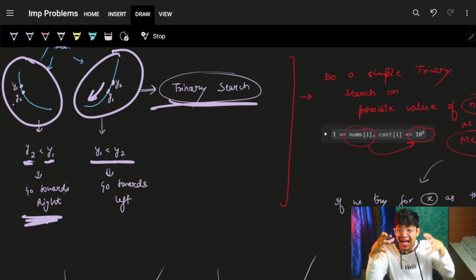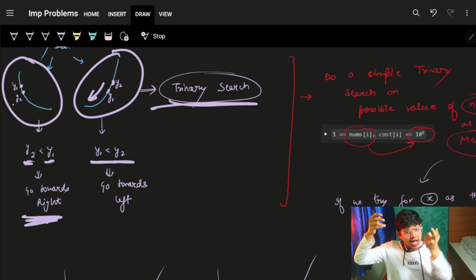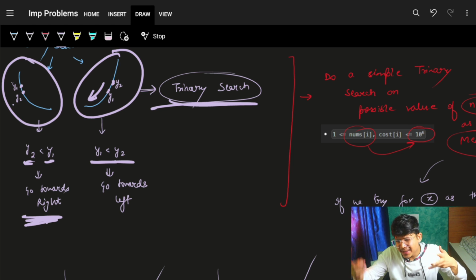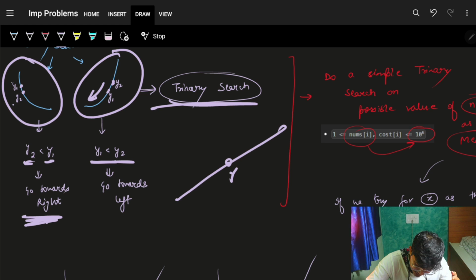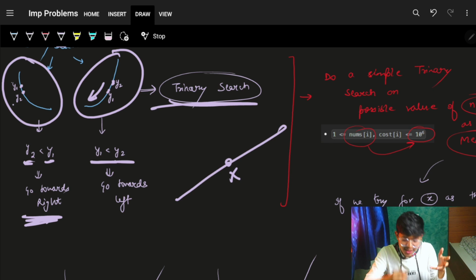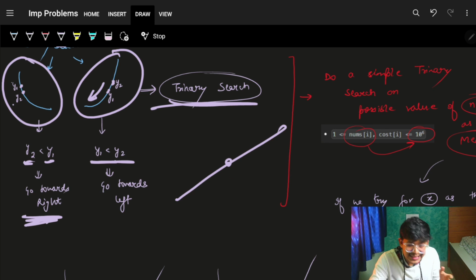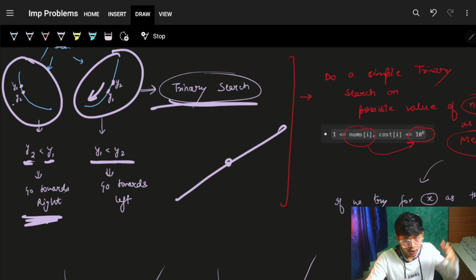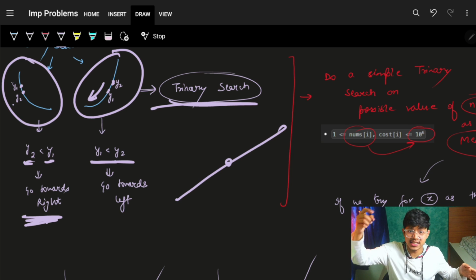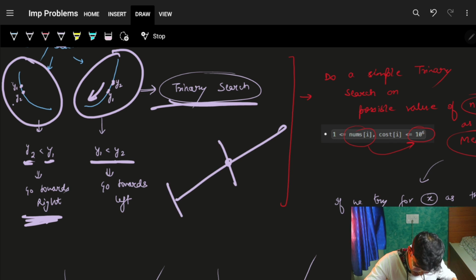Now, as we simply do in a linear search, I take a mid, which is X, and then I try to bring it to some point. If I want to decrease it, I decrease it. If I want to increase it, I increase it by simply restricting the boundary.